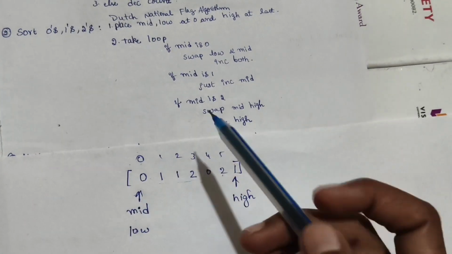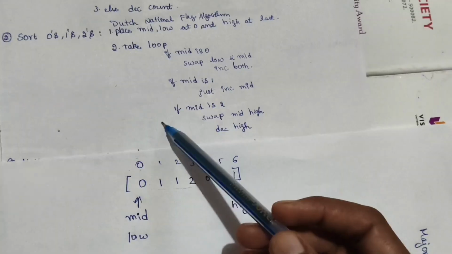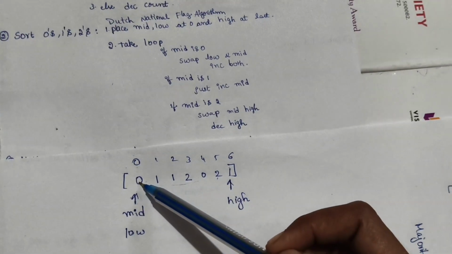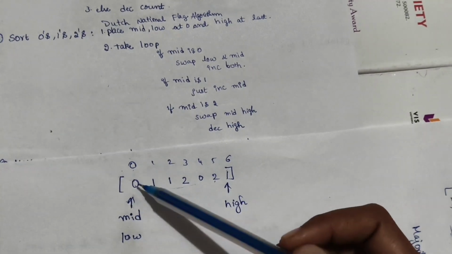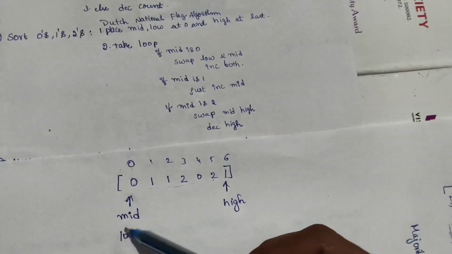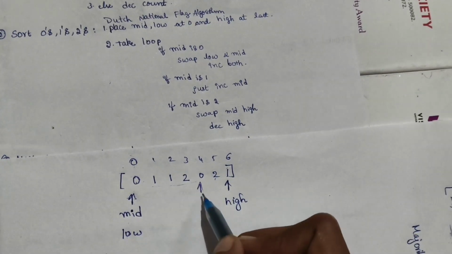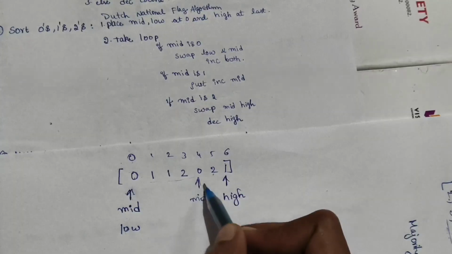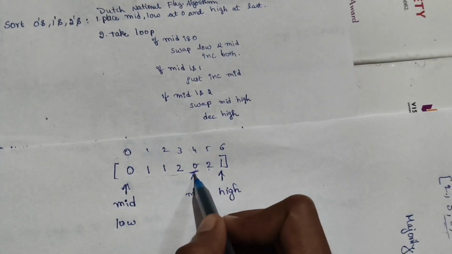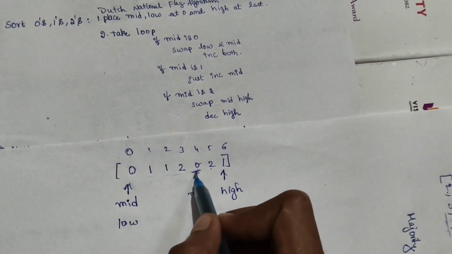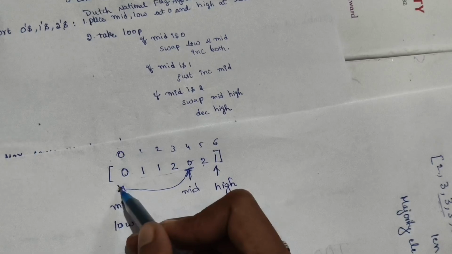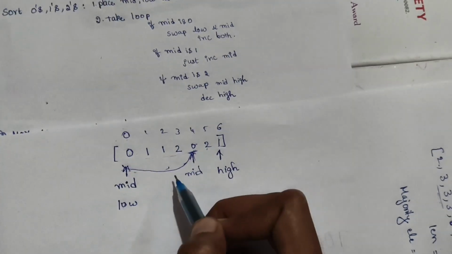Remember these three points. Now if mid is 0, we will swap low and mid. Here low and mid are at the same position. For example, if mid is here and 0 is present here, then we will swap low and mid. This is the first one.